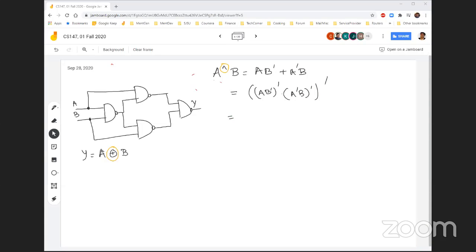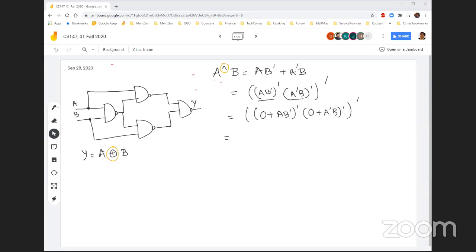And from there, I can write this term as 0 or (AB bar)', and the next term as 0 or (A bar B)'.